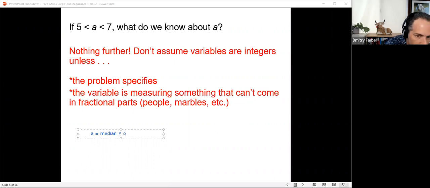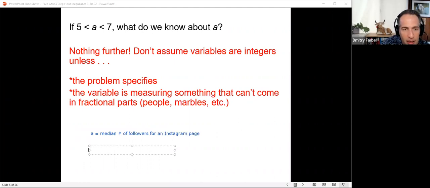But the median number of followers for an Instagram page or something like that. In that case, a number of followers has to be an integer, and then maybe I'd know something about it, right? Oh, okay, maybe I know that the particular person in question has more than 5 and fewer than 7. I guess if you have an Instagram page, you ought to have more than 5 followers, but sometimes we're just getting started. So this kind of thing.